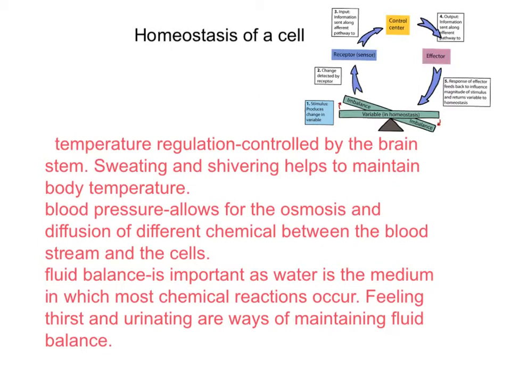The receptors that we had seen last time could have been used to help maintain homeostasis. Homeostasis is the ability of the cell to keep itself internally stable. There are several stages for a cell to maintain homeostasis.